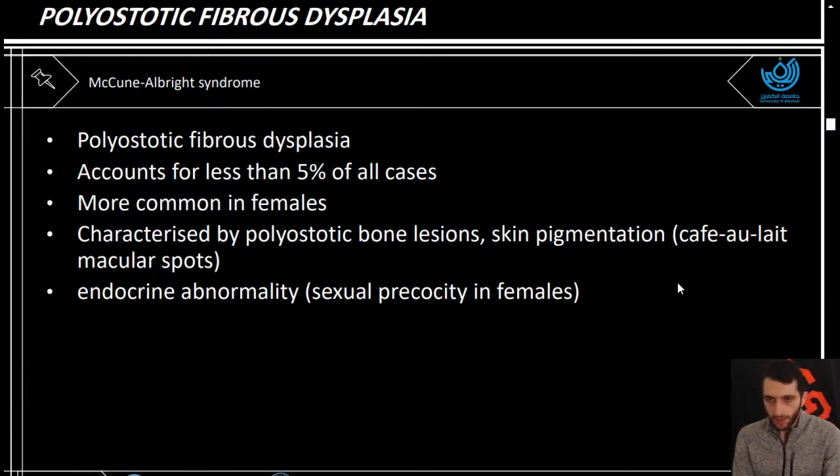With a very distinctive histological representation of Chinese letters being presented on the histogram. Café-au-lait shape or discoloration of the skin.